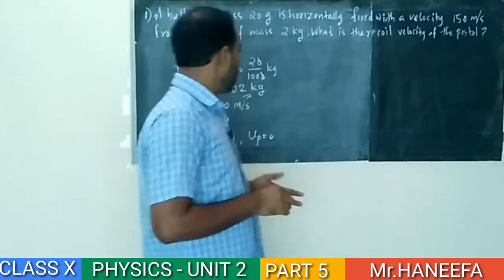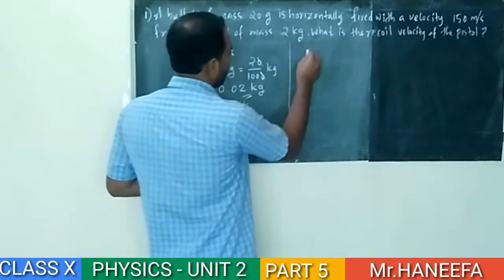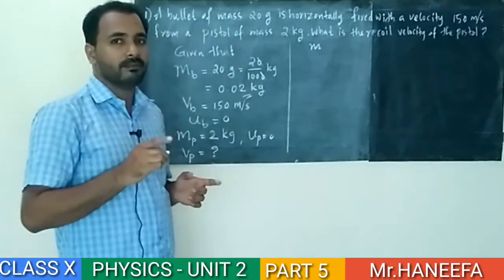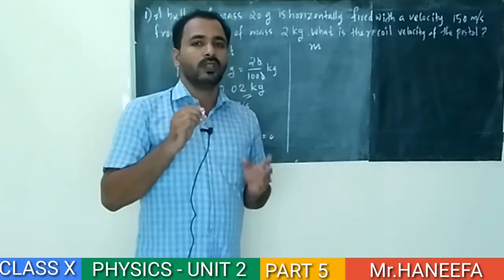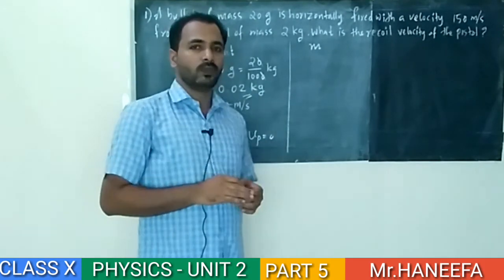Then we know the equation. What is the equation? ma ua plus mb ub equal to ma va plus mb vb.